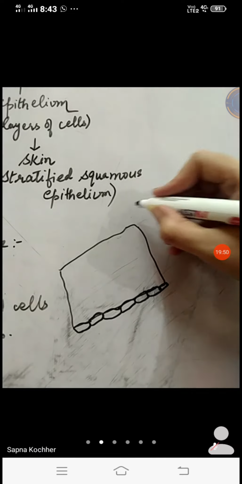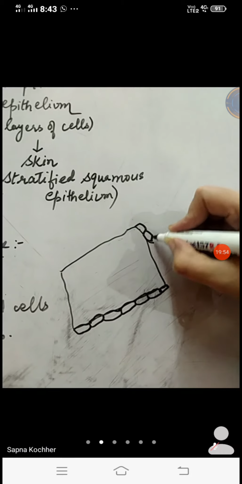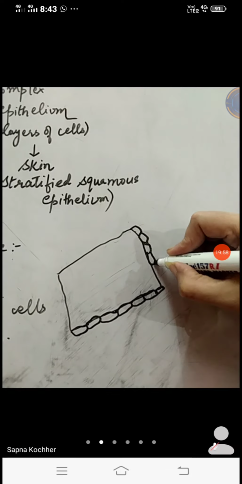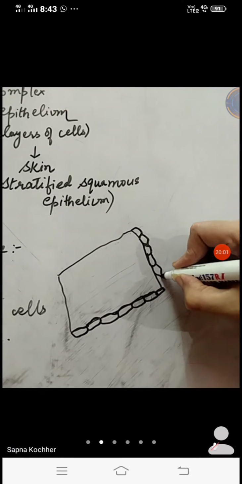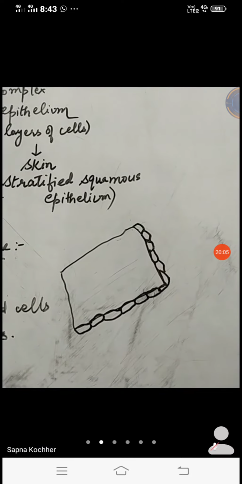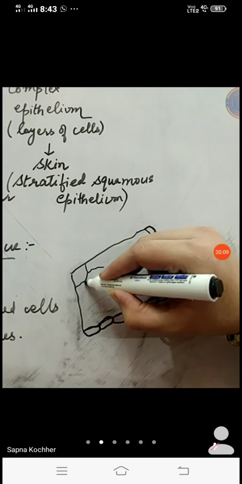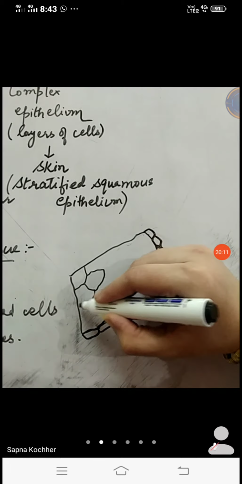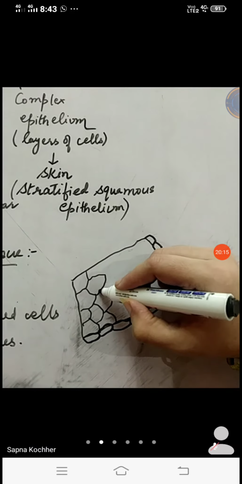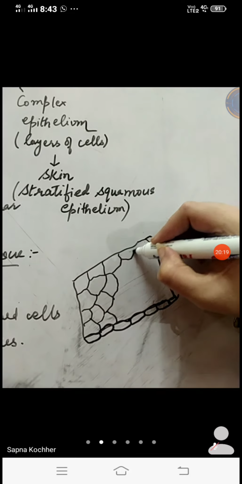They do not have any fixed shapes like polygons. They do not provide fixed shapes. And from above also, the boundaries which are visible are irregular. If you are looking at it from above, they all show the presence of irregular boundaries.